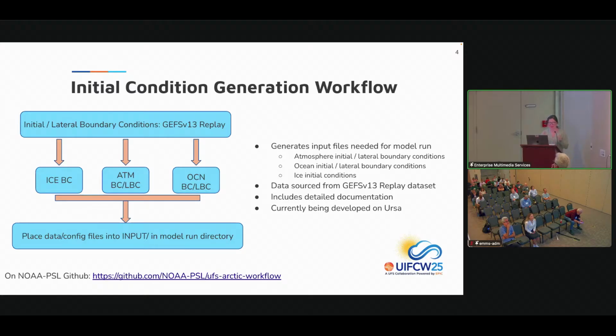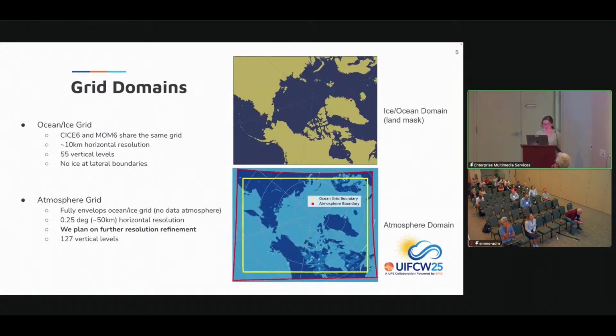Right now you run this workflow separately, and then you have your run directory, and you can add these initial conditions and lateral boundary conditions into your run directory. But as I said, we want to unify things into UFS a bit more as we go.